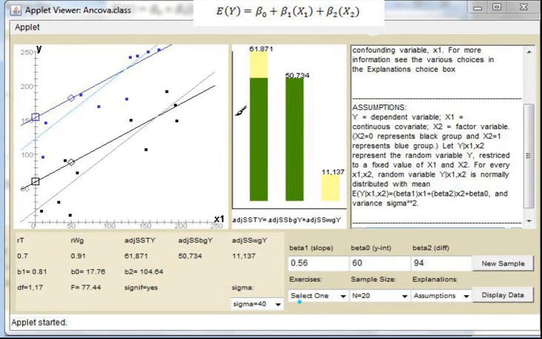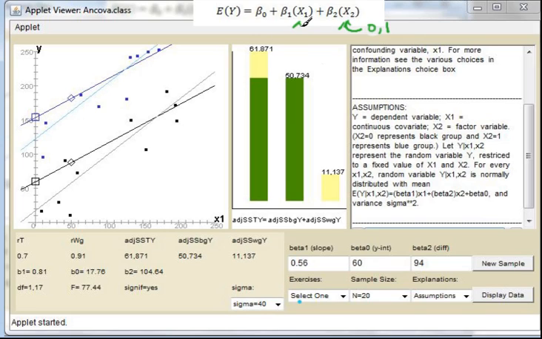Analysis of covariance examines the dependence of a continuous variable y on factor variable x2 when a continuous covariate, in this case x1, is taken into account. So in our model, x2, our factor variable, can take on two values, 0 or 1.